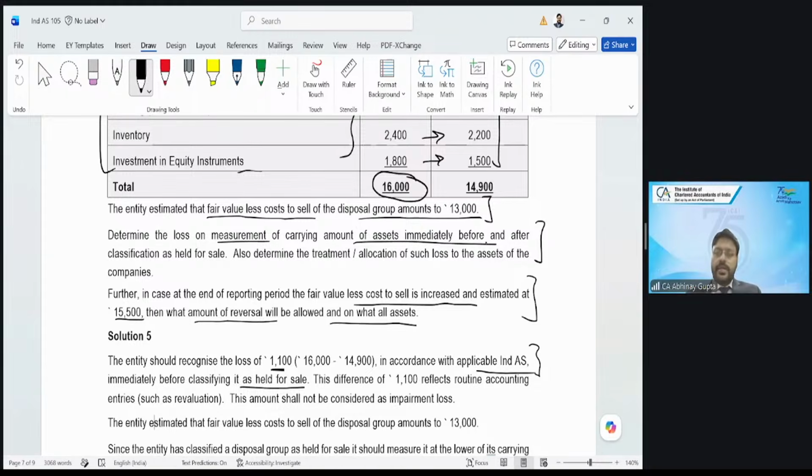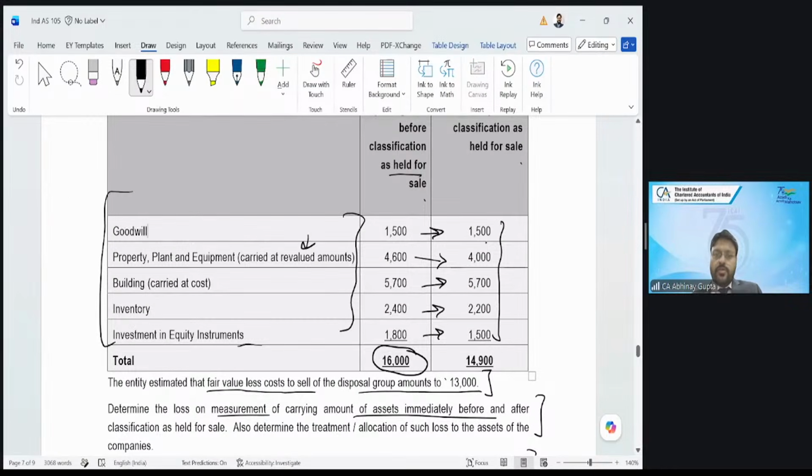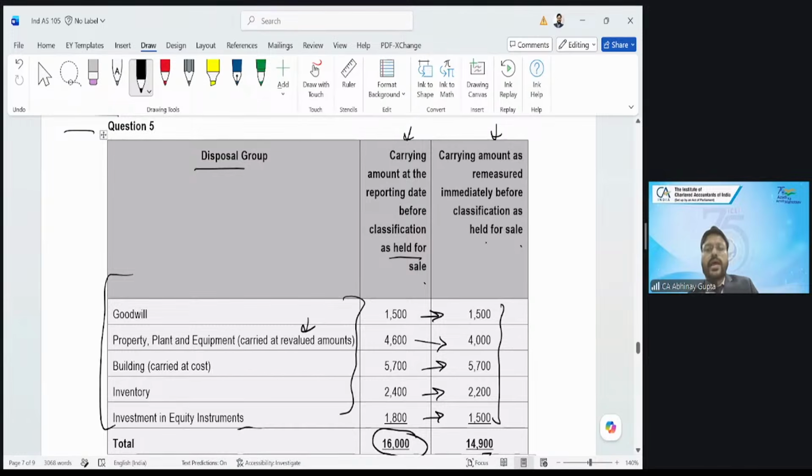So applicable Ind AS is basically, as I mentioned before, that we need to compute the carrying amount as on the date of the classification before, right? We compare it with the fair value less cost to sell. Now, carrying amount on the date of classification immediately before putting it as held for sale needs to be measured so that we can compare it with the fair value less cost to sell on that very date.